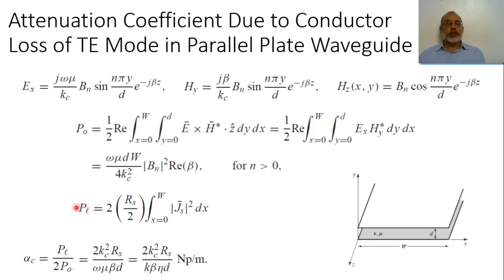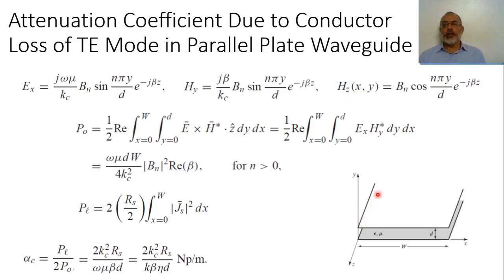The power losses would be 2 Rs over 2 multiplied by the surface current squared dx, and the surface current squared here would be Hz squared.